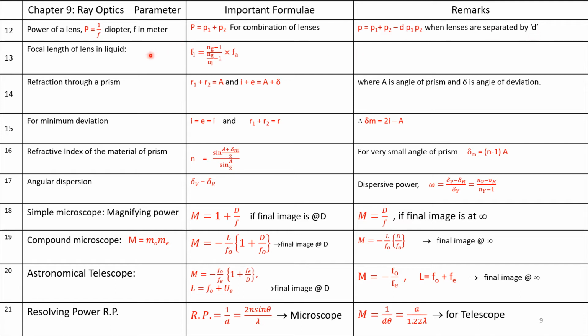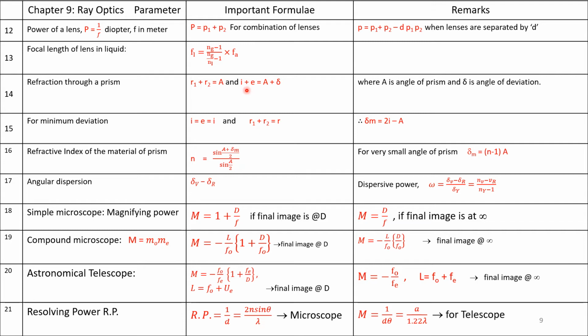The next formula is the focal length of a lens in liquid: F1 is equal to (refractive index of glass minus 1) divided by (refractive index of glass with respect to liquid n1 minus 1) into Fa, where Fa is the focal length of the lens in air. Refraction through a prism is given by r1 plus r2 equals A, where r1 and r2 are the refracted angles.